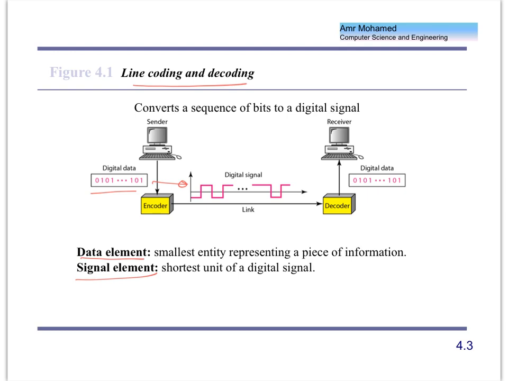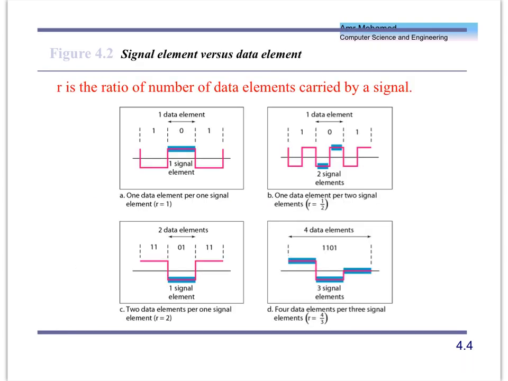So if we have 1 binary digit and we want to convert it to digital signal, then we need how many levels? 2. If we need to represent 2 bits, we need 4 different signal elements, and so on. So this is what we call line coding or decoding. At the receiver side, of course, we have to do the reverse operation. We have to convert from digital signal to bits.